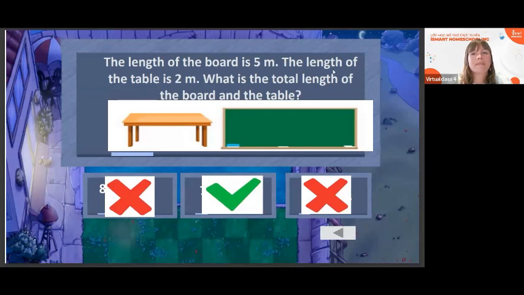Okay, can you hear me, Mr. Hong? Yes, I can. Okay. The length of the board is 5 meters. The length of the table is 2 meters. What is the total length of the board and the table?